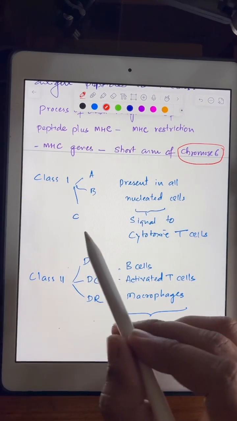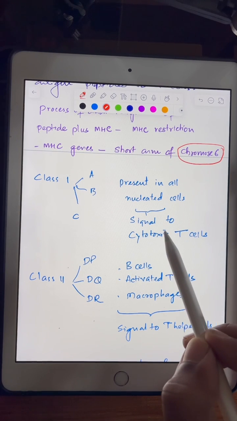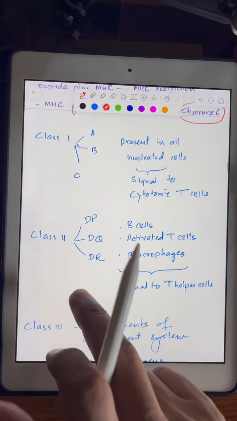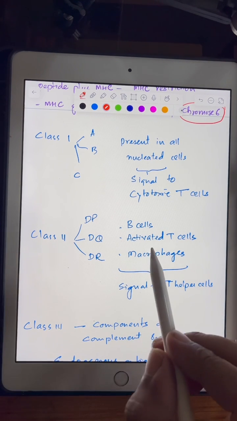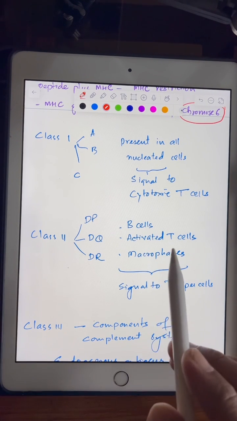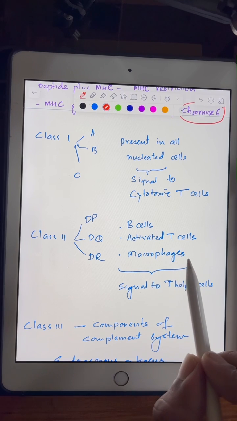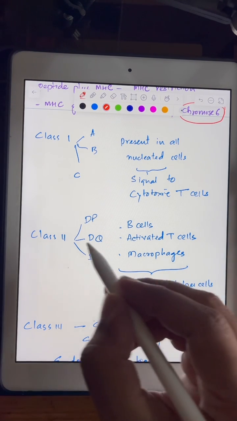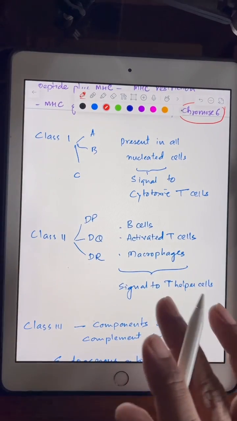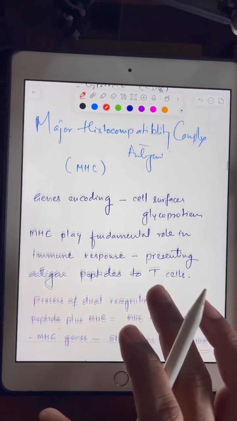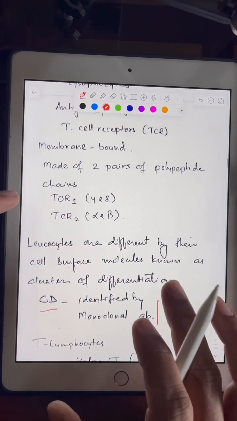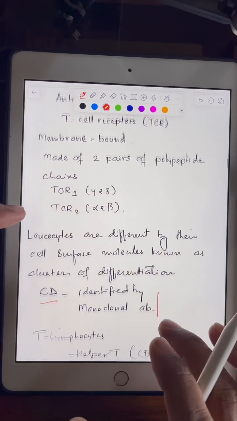These are the classes of MHC genes. Class 1 is A, B, C, present in nucleated cells; they signal to cytotoxic T cells. Class 2 is DP, DQ, DR, on B lymphocytes, activated T cells and macrophages; they signal to T helper cells. T cells are of two types, cytotoxic and T helper.